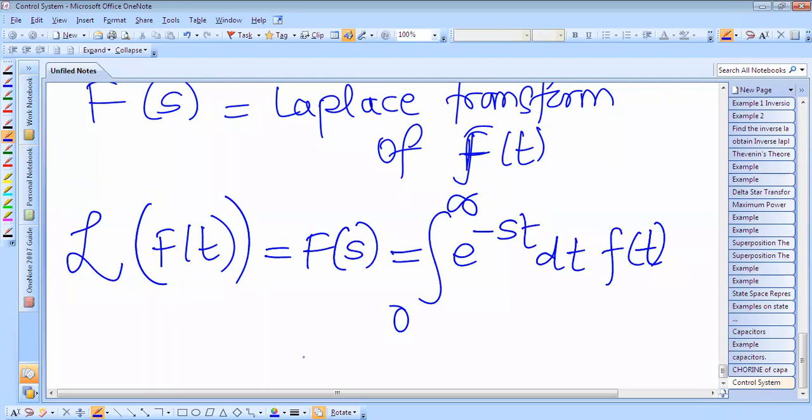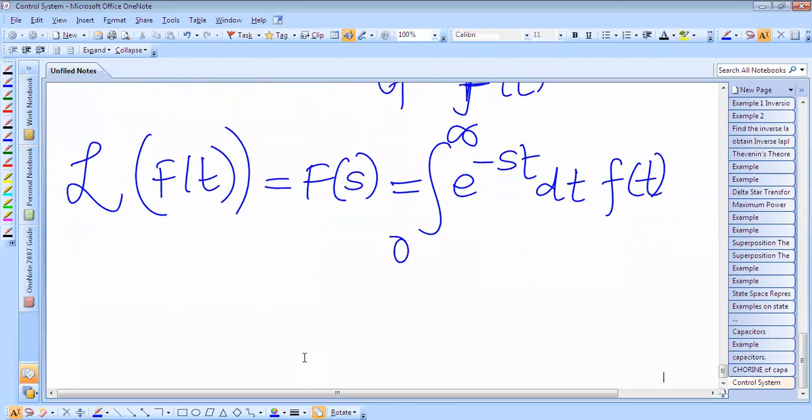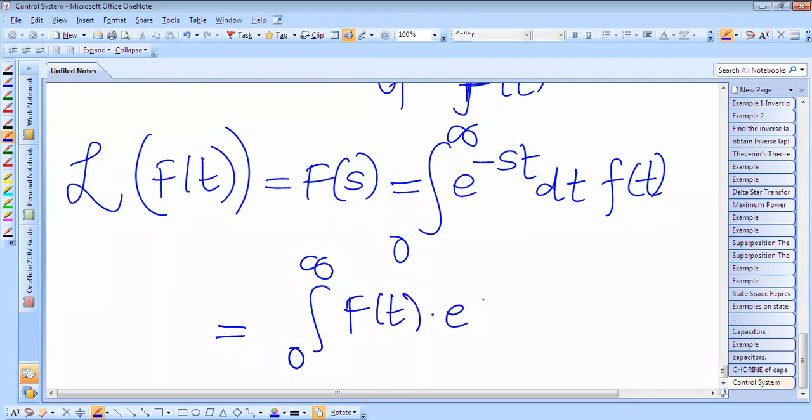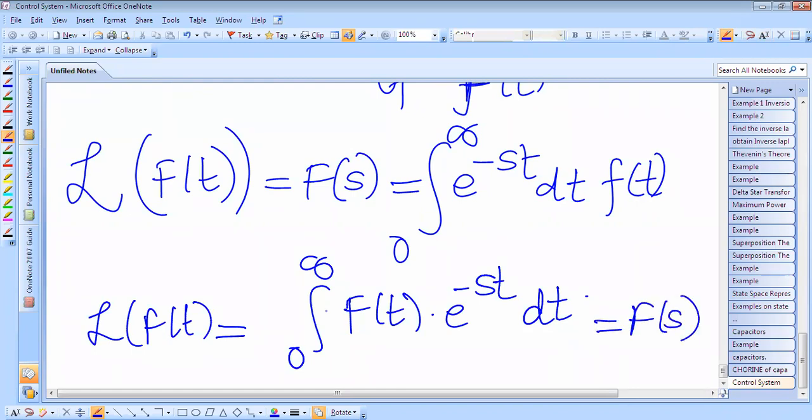Therefore we can write this as the integral from 0 to infinity of f of t into e raised to power minus st dt, and this is the Laplace transform of f of t, which is also equal to F of s.